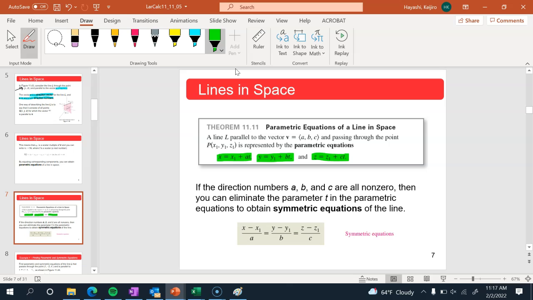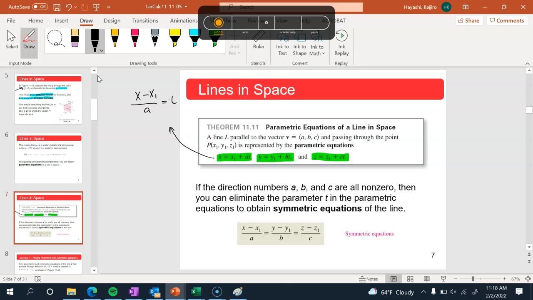If a, b, and c are non-zero, then you can solve for t. What you do is you can take this and say, okay, well, from this, x minus x1 divided by a, that's t.